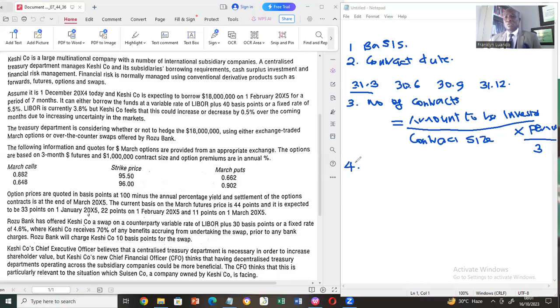Number 4, determine the expected futures price.